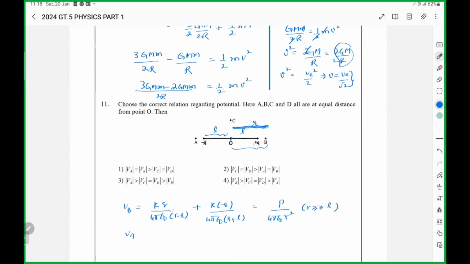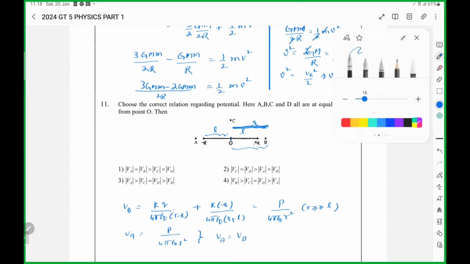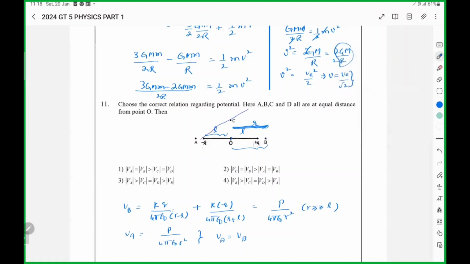Similarly, potential at A also becomes same. So potential at A is same as potential at B. Whereas, so this is H, it is L, it is root of L square plus H square.